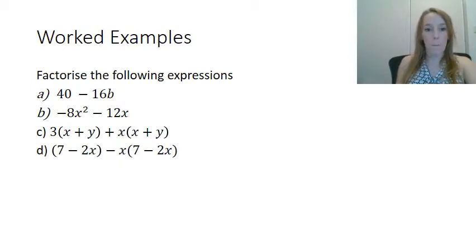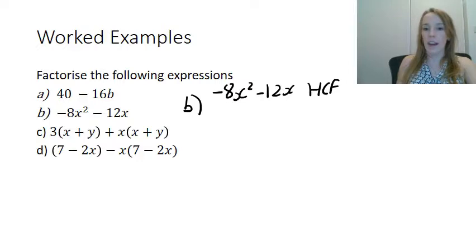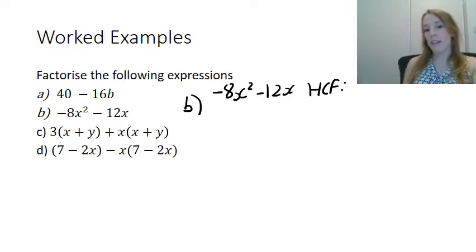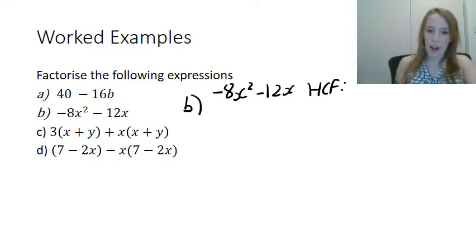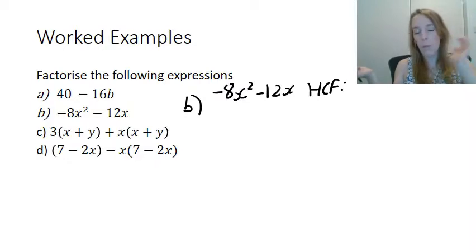Okay, for b, we've got negative 8x squared, take 12x. And we have to find our highest common factor. So straight away, we can see x is obviously going to be our pronumeral, and we also have to find our number. In this case, we could do a negative or a positive. It's really up to us, whatever we would like.